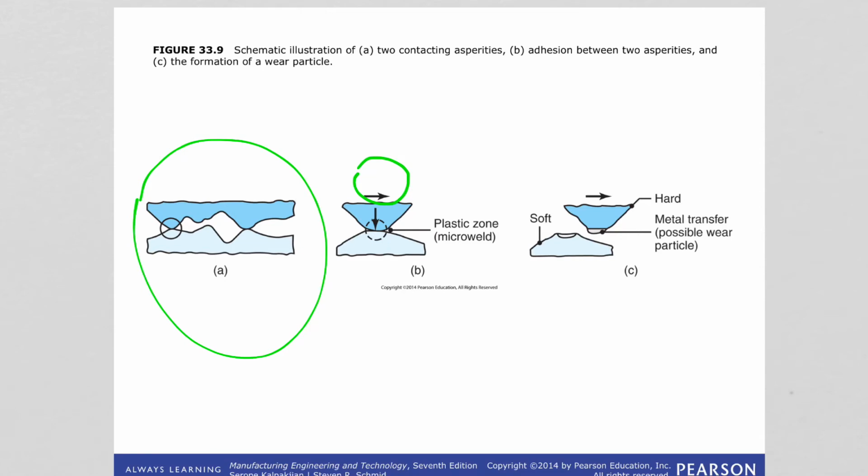During sliding, fracture follows a path in the weaker and softer component. You see the softer component and the harder component, and this fracture usually takes place in the weaker component. We call this a wear fragment, and this fragment is typically attached to the harder component.